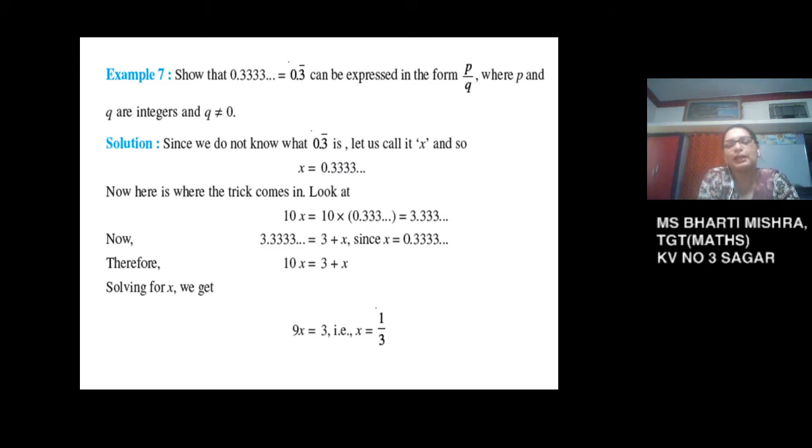If you multiply the LHS, that is x by 10, the RHS is again multiplied by 10. So the decimal point is shifted one place to the right because we are multiplying by 10. So 0.333 multiplied by 10 becomes 3.333.